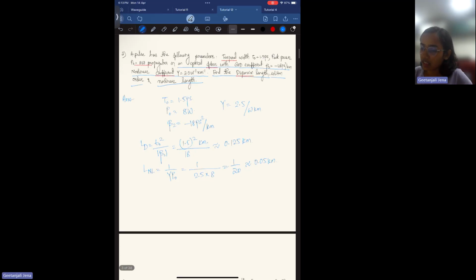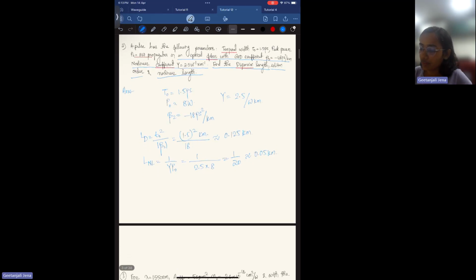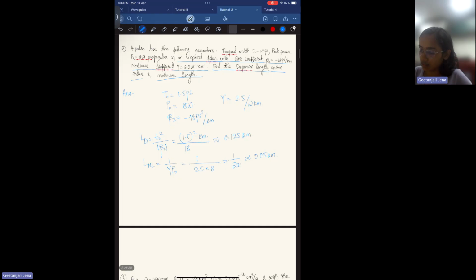So now we have calculated the value of LD and LNL. For the soliton order, we need the square root of LD over LNL.